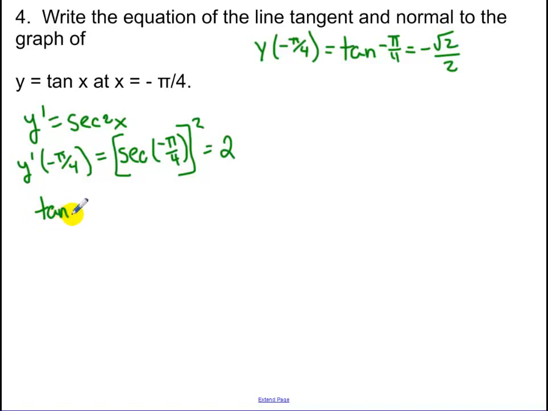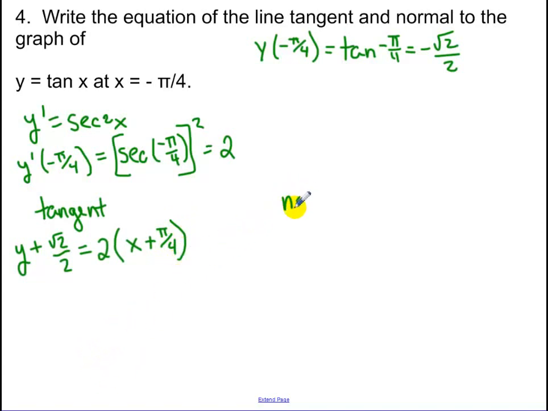So our tangent line, y minus y1, which is root 2 over 2. It was negative, so it became a plus. Slope, x minus our value, and I'm okay if you leave it like that.